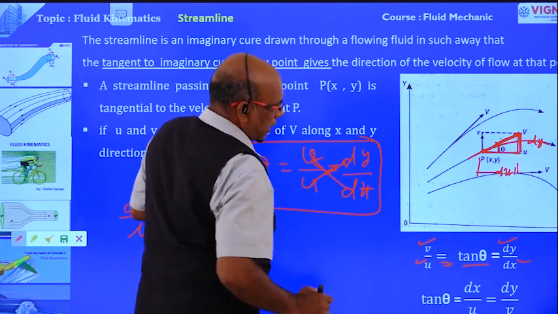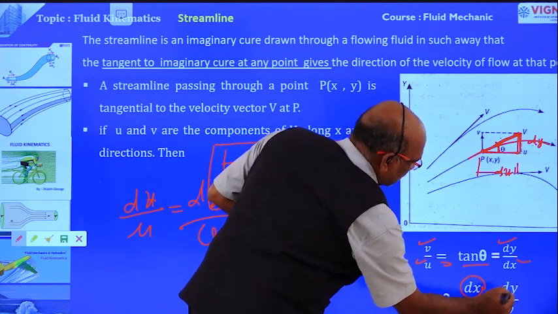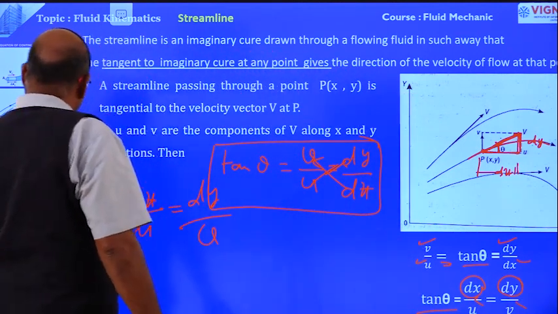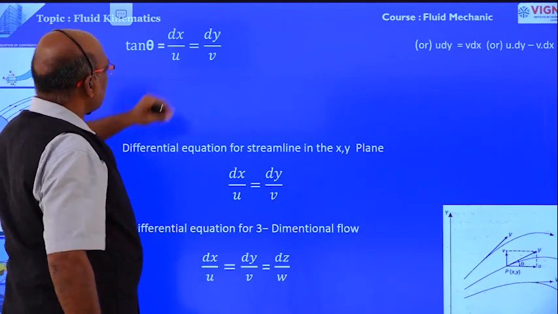That is derived here. Now, tan theta equals v by u, which equals dy by dx. Right, so this is the equation.